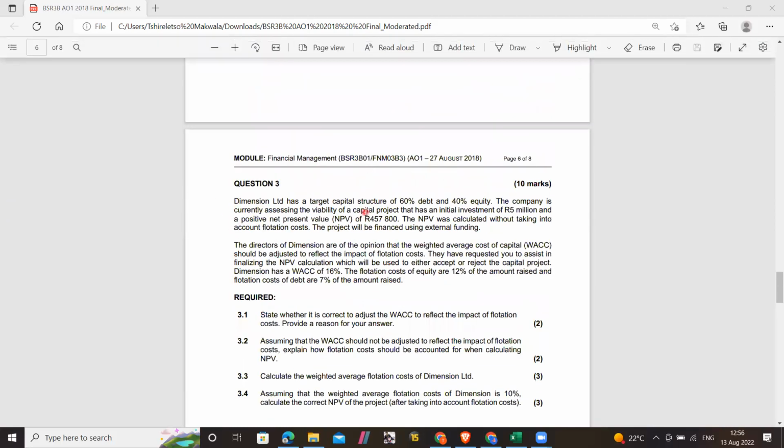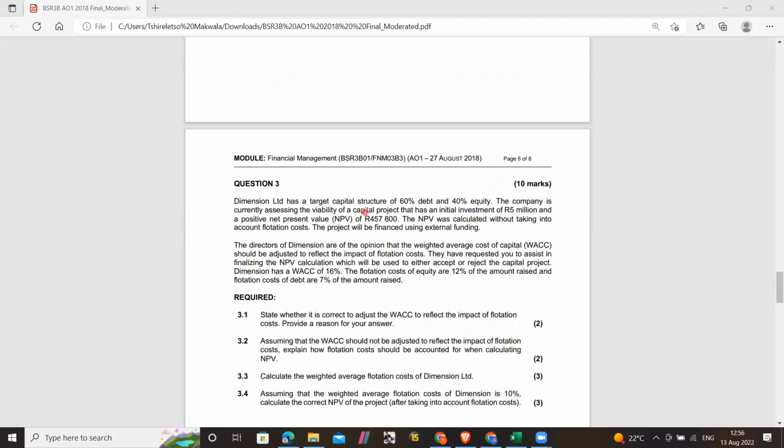So question 3, it says Dimension Limited has a target capital structure of 60% debt and 40% equity. The company is currently assessing the viability of a capital project which has an initial investment of 5 million and a positive net present value of 457,800. The NPV was calculated without taking into account flotation costs.